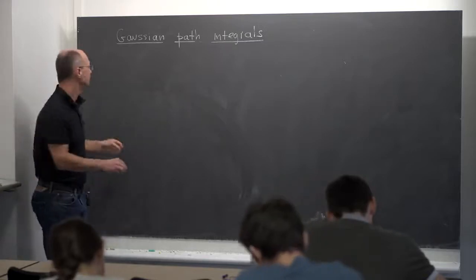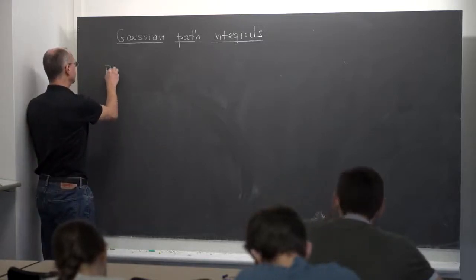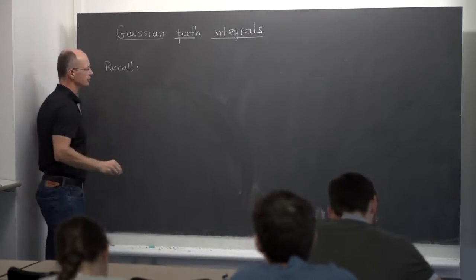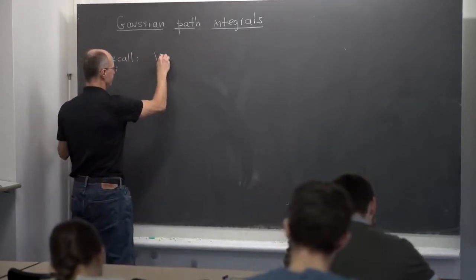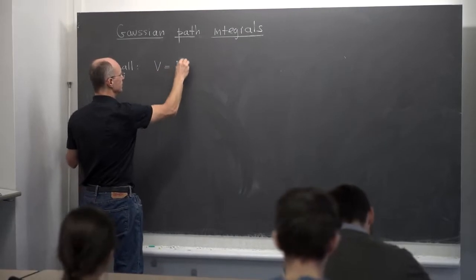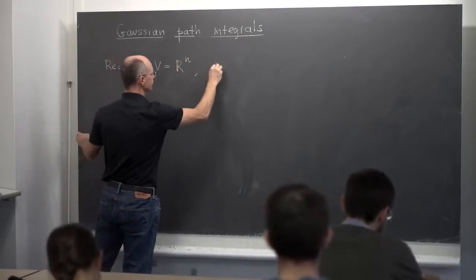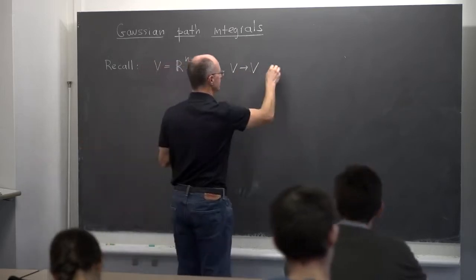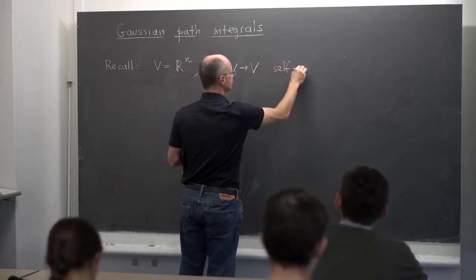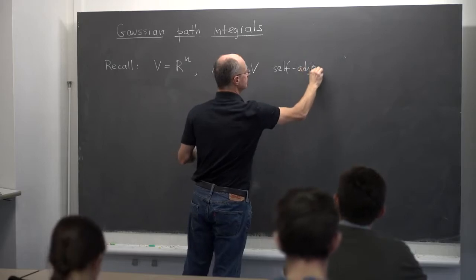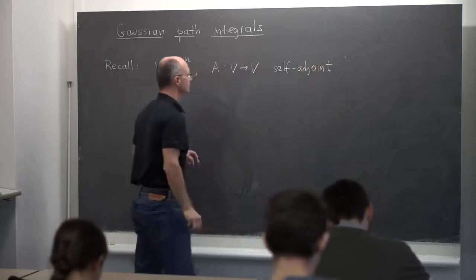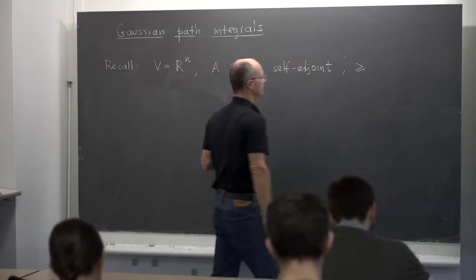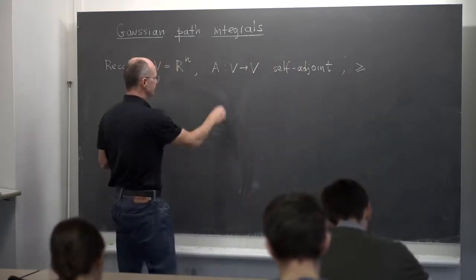So, let me start by recalling how Gaussian integration works in finite dimensions. So let's say V is R^n, and A from V to V is self-adjoint, which means it's a symmetric matrix, and let's say it's positive definite.